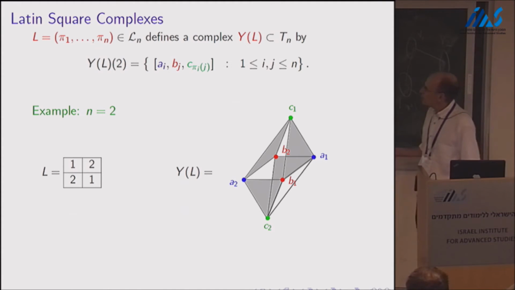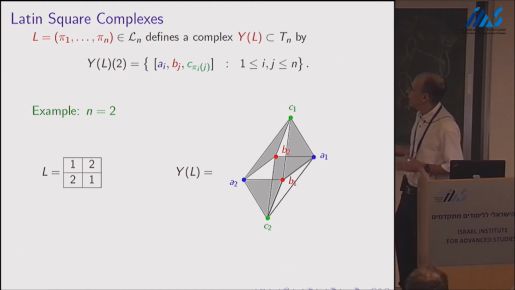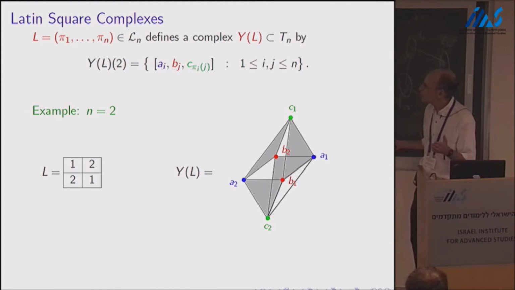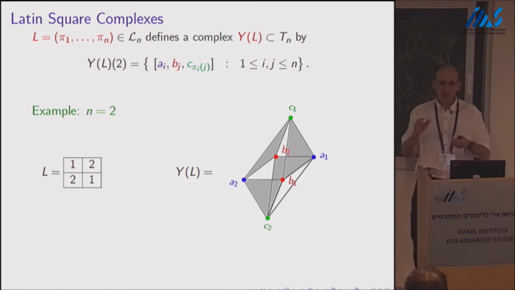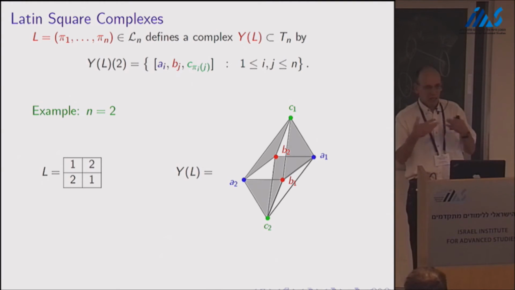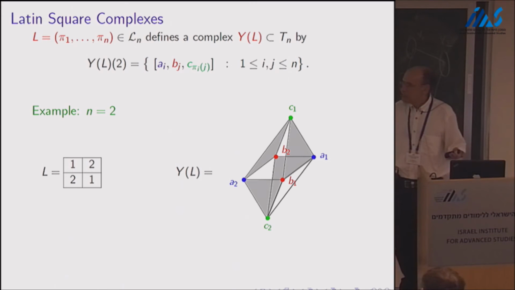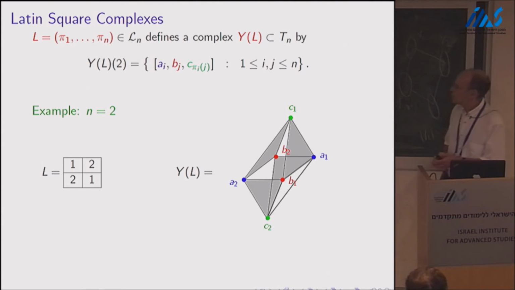But topologically this is boring because it's only seemingly two-dimensional. You can collapse all two-dimensional faces here, because all the edges are free. You can push them inside and essentially get rid of the two-simplices. But this is when you take one Latin square.